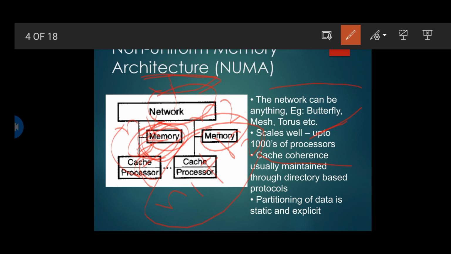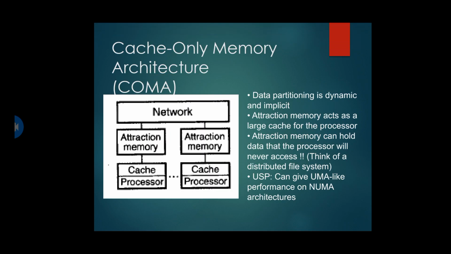If we want to divide the data, it is static, not dynamic; the processor won't do it dynamically. The programmer should do it statically and explicitly. Unless you explicitly partition the data, it won't be divided. There should be an expert to monitor the partitioning of the data.